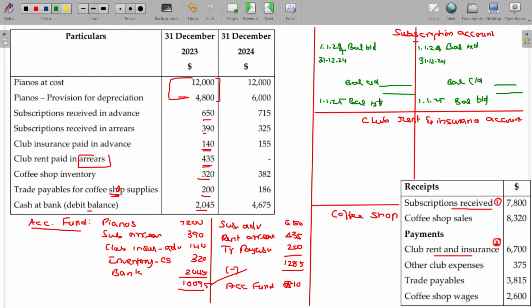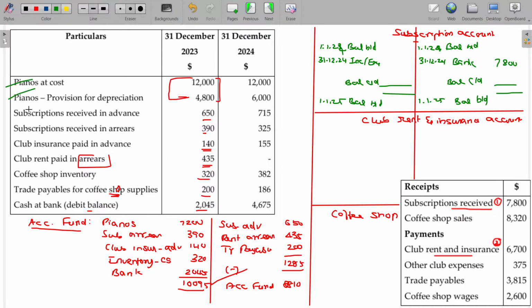Hope you'll now be able to understand how to code the dates. Bank, and this will be the amount transferable to the income and expenditure account, related to the subscription received, 7,800 here from the receipts and payment account.